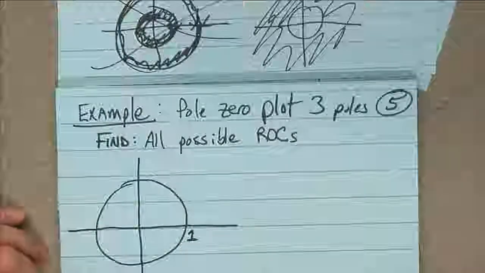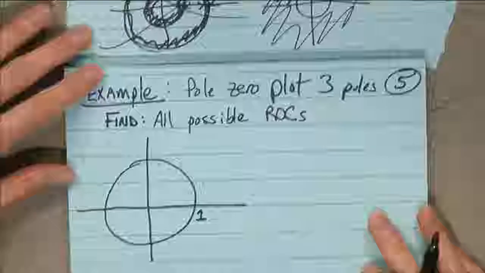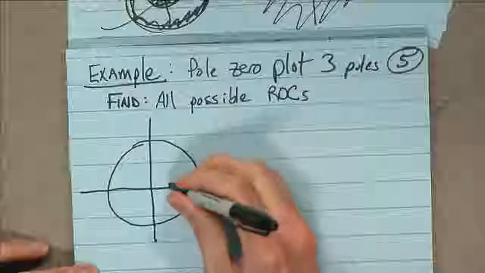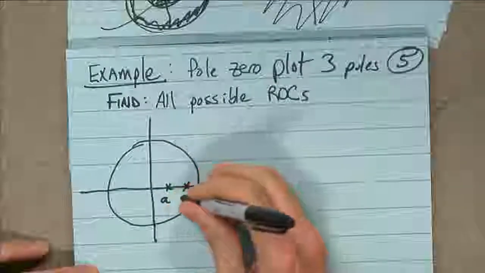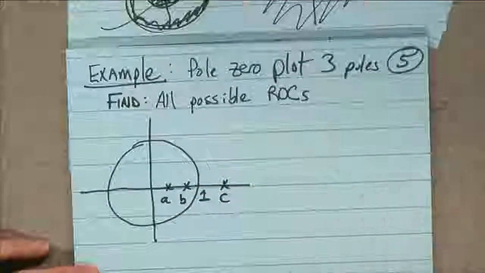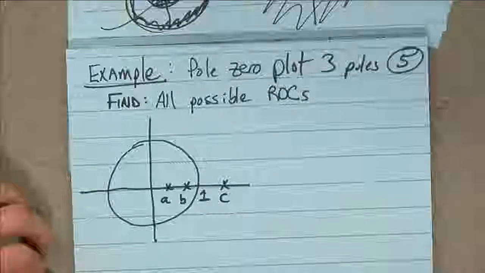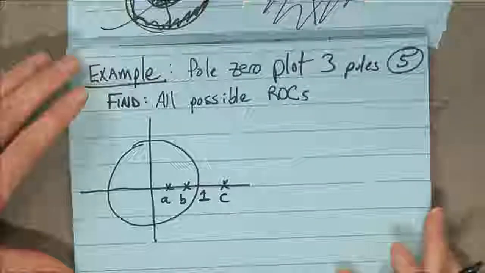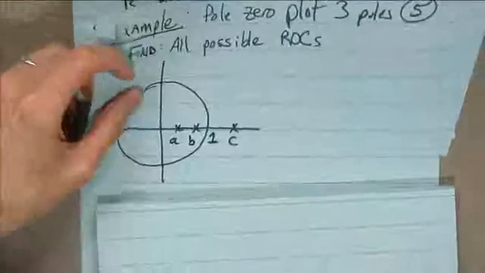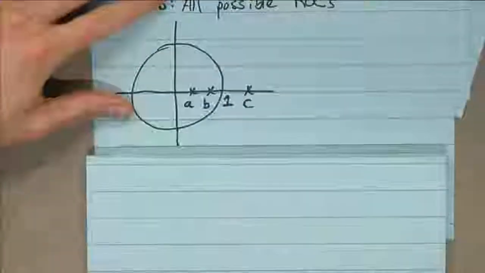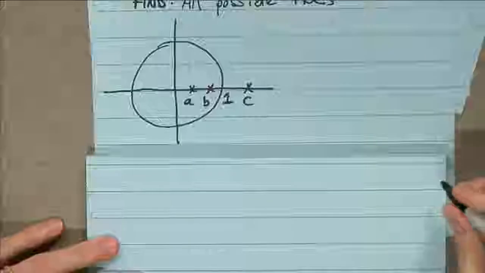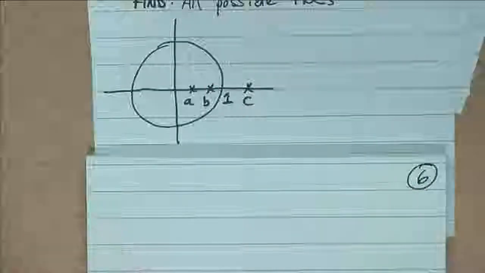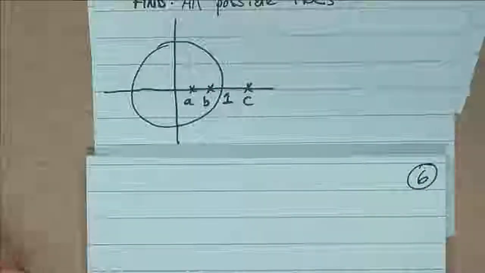There's the unit circle. And we'll have 2 poles inside, A and B, and 1 pole outside, C. So given this, what can we do with it? I'm going to hold this off to the side as our given. And now we're going to apply the rules and see what's happening.